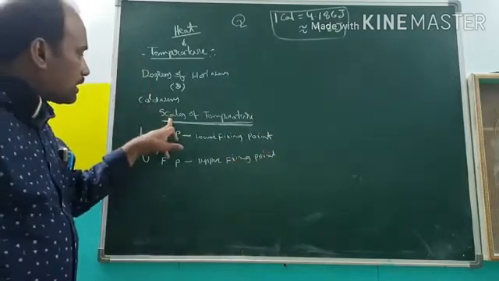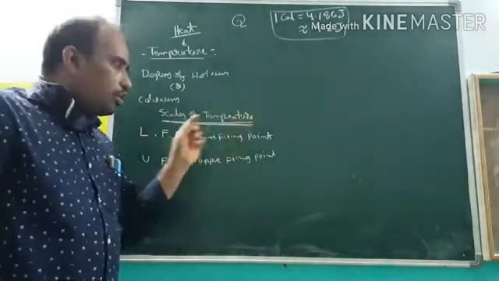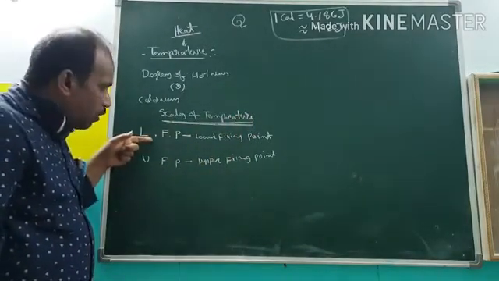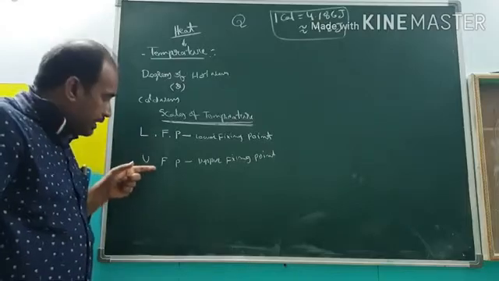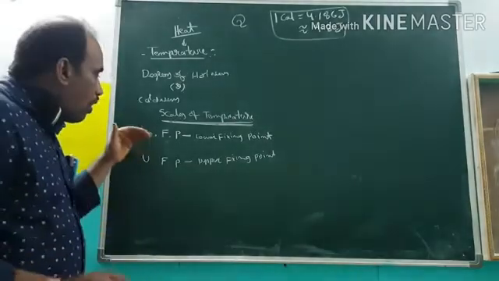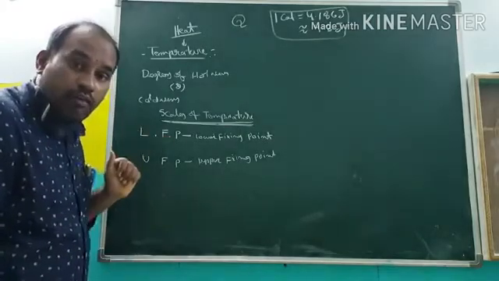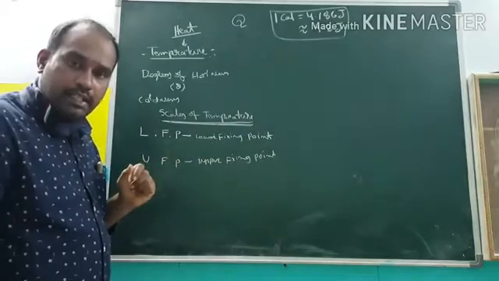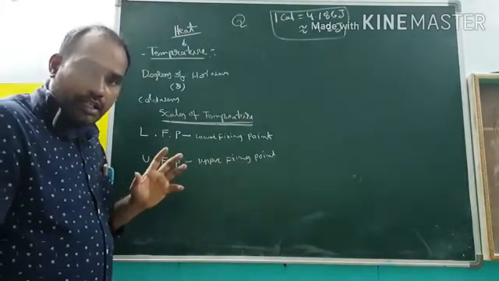So for the construction of the scale of temperature, we choose two different points: a lower fixing point and an upper fixing point. Which point do you choose as the lower fixing point? Which point do you choose as the upper fixing point? How is it decided?